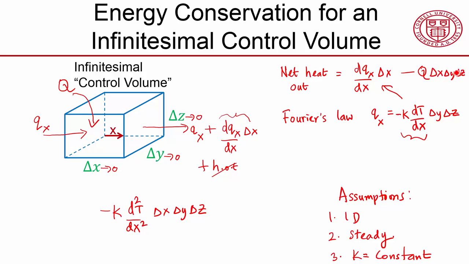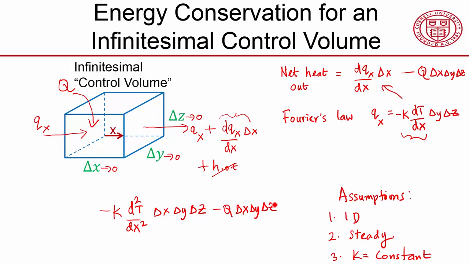One key thing to keep in mind is that this term accounts for what's coming in through the faces. This term, which I'll add here in a moment, accounts for what's coming into the volume. So they're different that way. One is related to the surface area, the other is related to the volume. If I bring that in here, I'll get minus Q delta x delta y delta z.